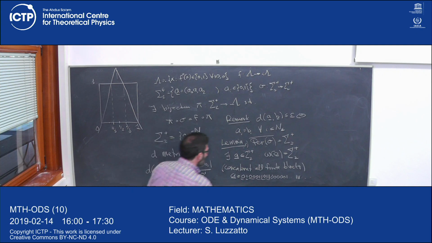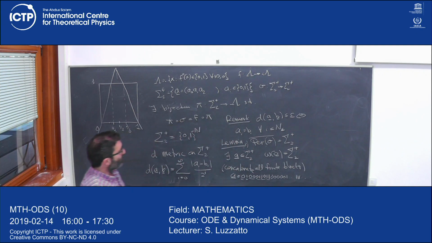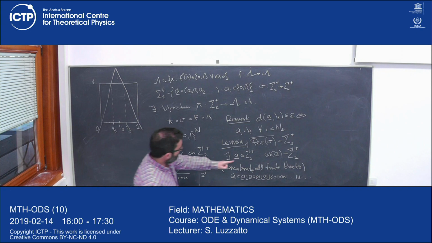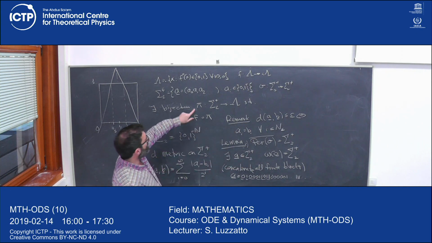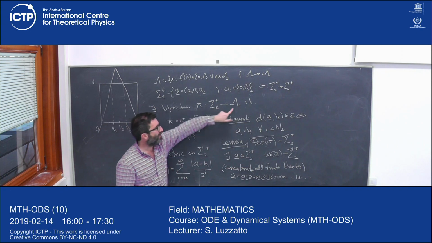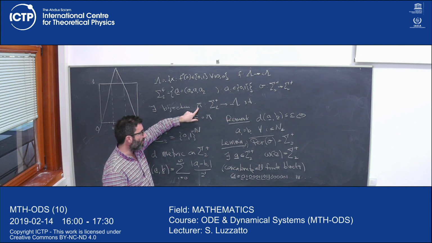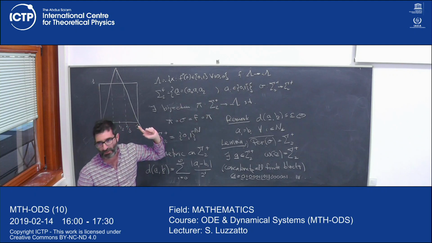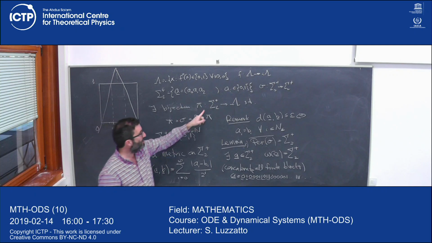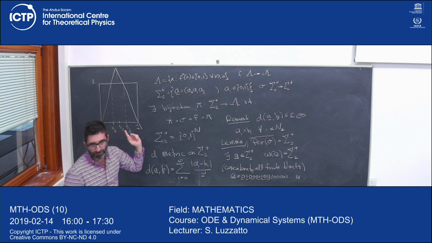But first, now that we have this property, if we show that this is actually a topology, now we have a metric on both sides, we have a topology on both sides, so we can check whether this bijection is continuous in both directions. If it's continuous, then it's a homeomorphism.